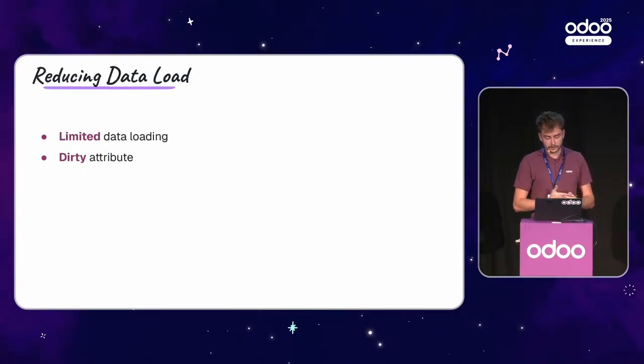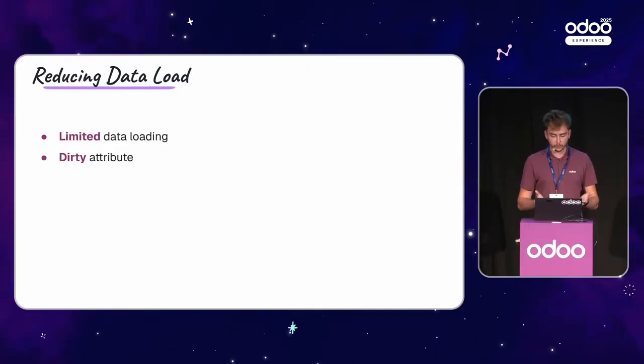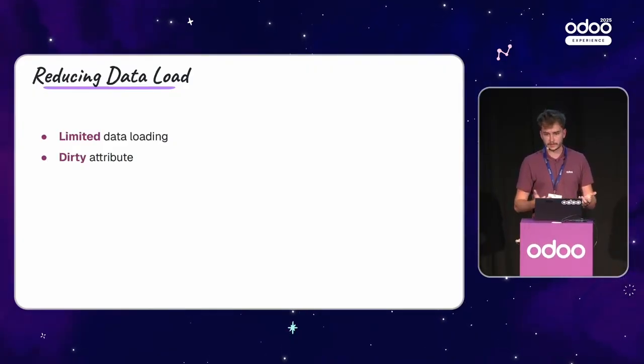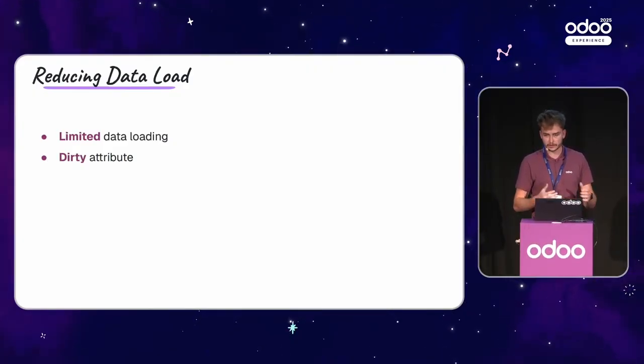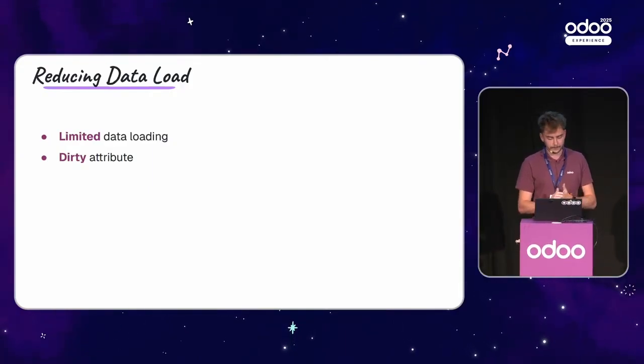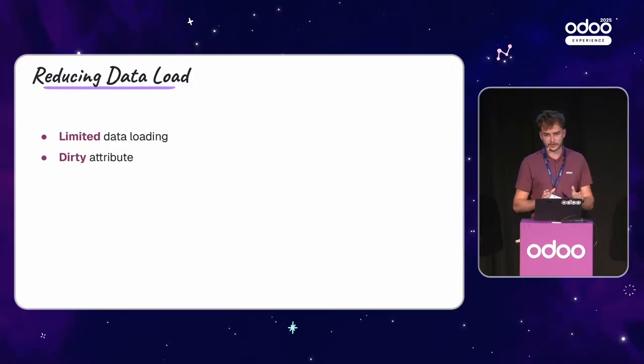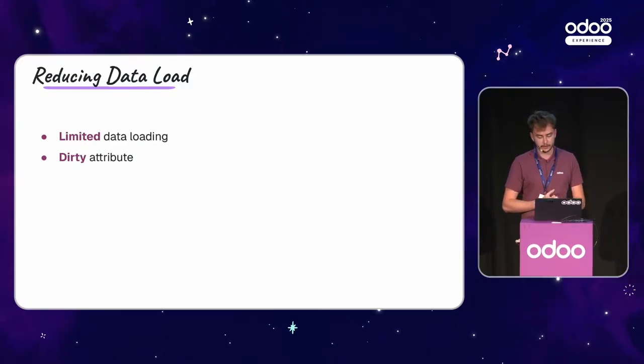Also, since we have the IndexedDB, if a user only reloads and doesn't close the POS session, it won't send the data again, since it's already in the IndexedDB. So full data is only loaded the first time, if there is no IndexedDB available.